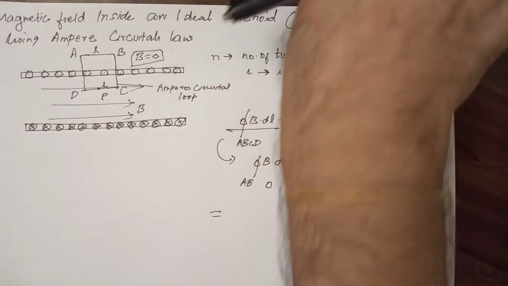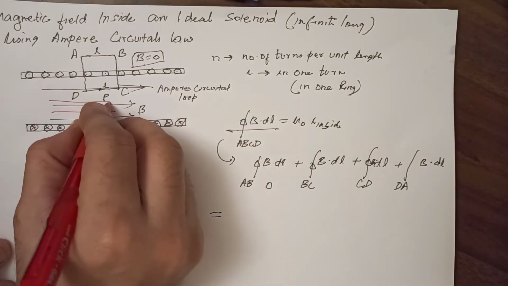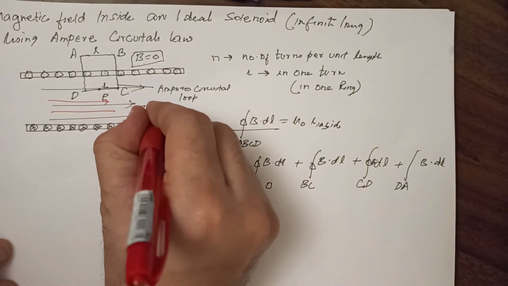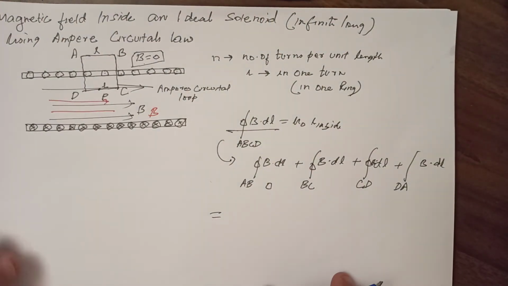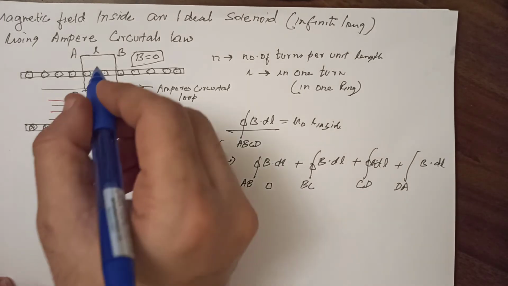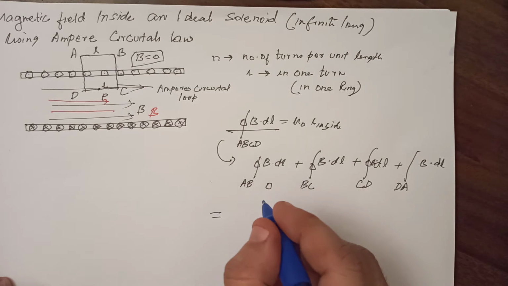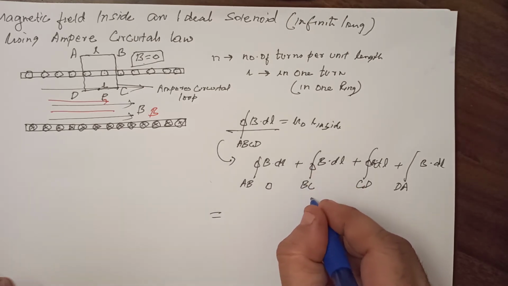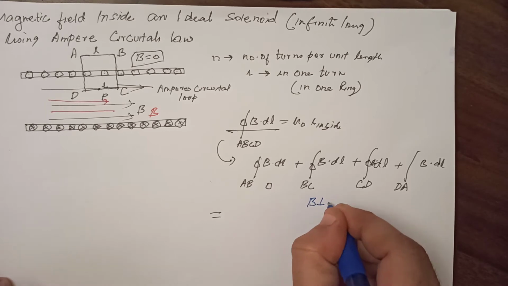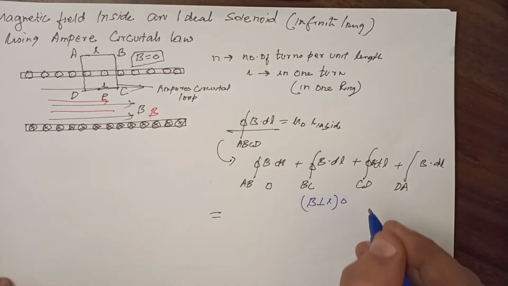So the magnetic field and the length are perpendicular, B is perpendicular to L, and hence it is 0.